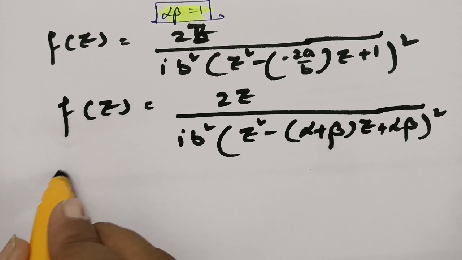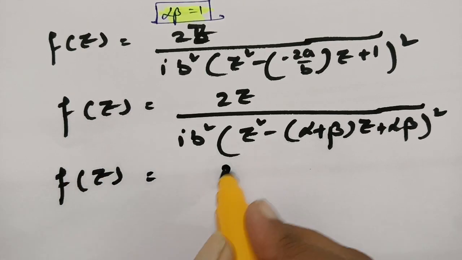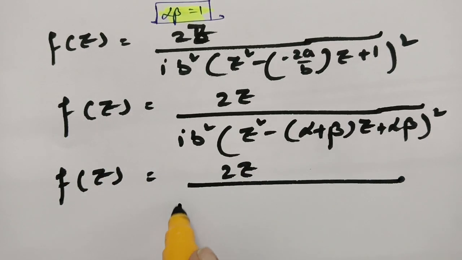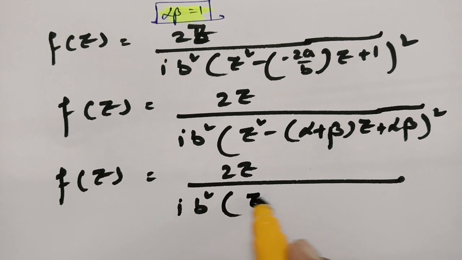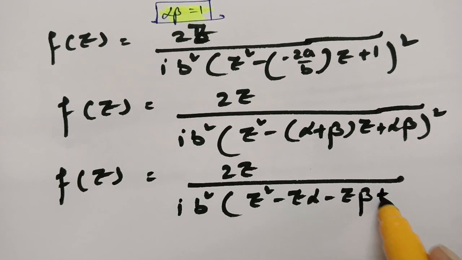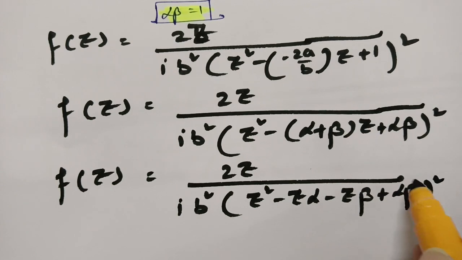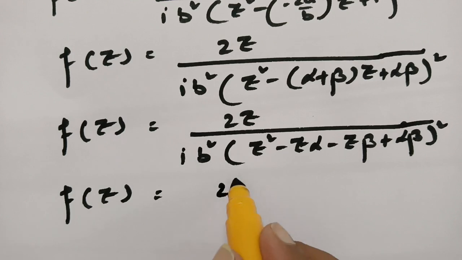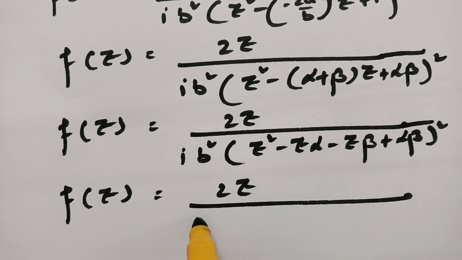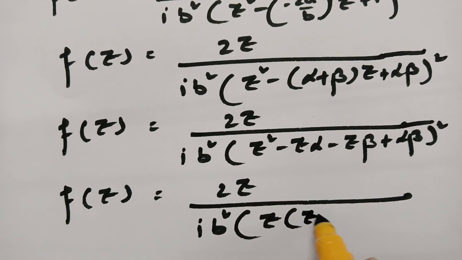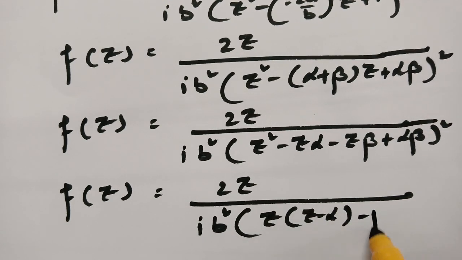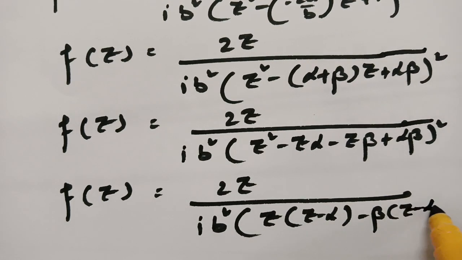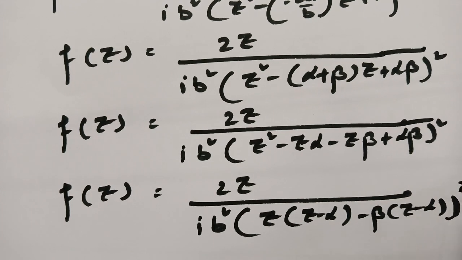So f of z is equal to 2z by i times b square into (z square minus z alpha minus z beta plus alpha beta) whole square. If I take z common, this will be z minus alpha, and taking minus beta common, again z minus alpha, whole square.